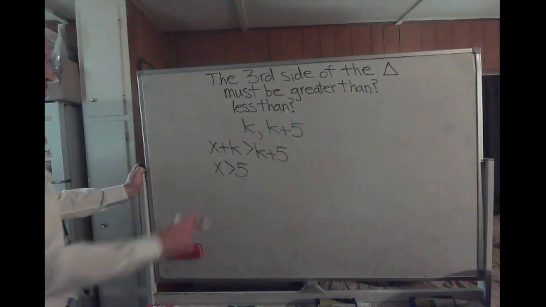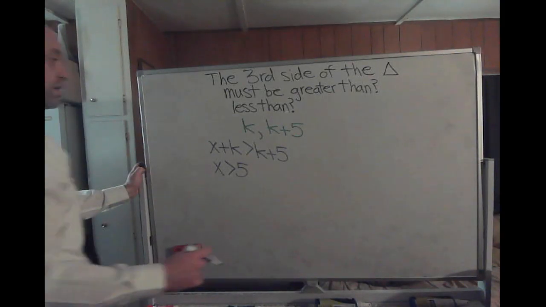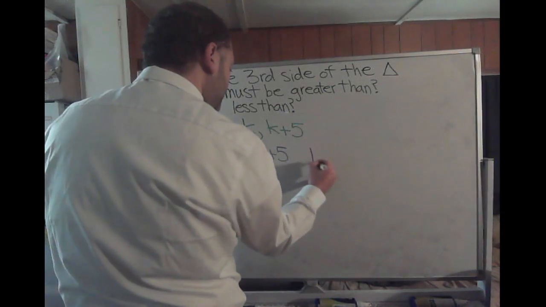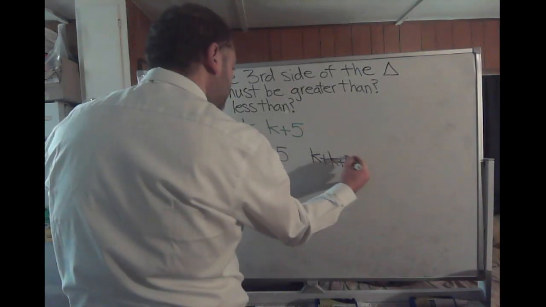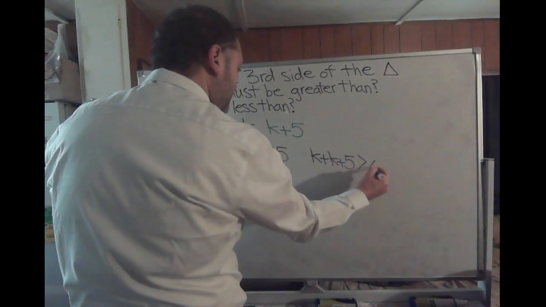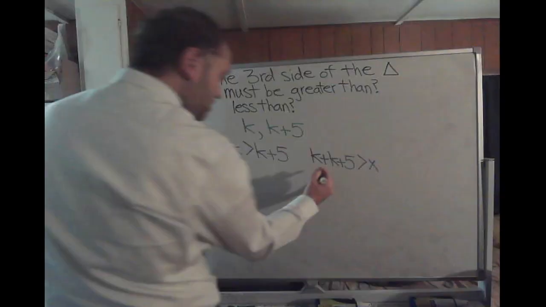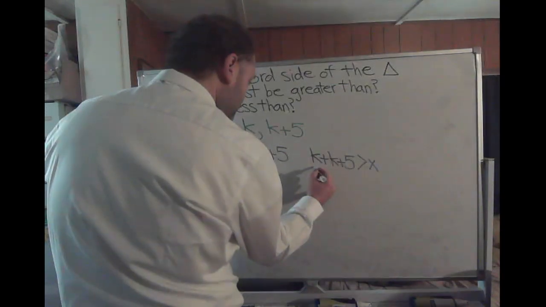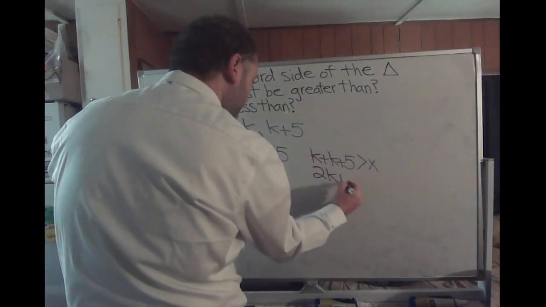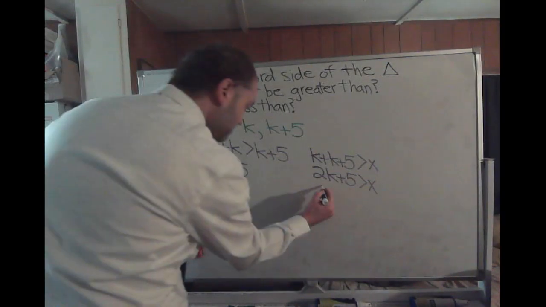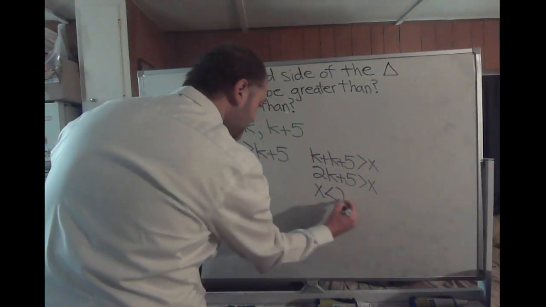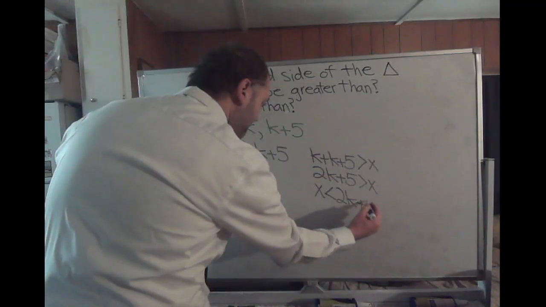So x has to be greater than 5. Well, then we would take k plus 5, set that greater than x, which would then give you that 2k plus 5 is greater than x, which would mean that x would have to be less than 2k plus 5.